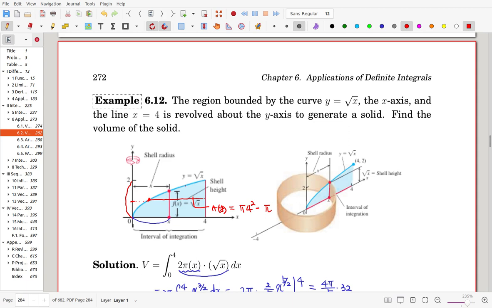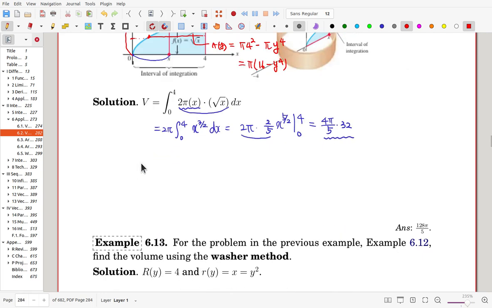From this curve, x is y squared, so y squared, squared, is y to the 4. That is the same as pi times 16 minus y to the 4. Okay, we found A(y), and this A(y) must be integrated from 0 to 2.